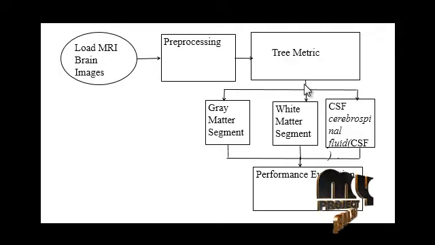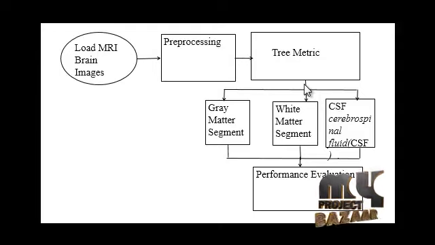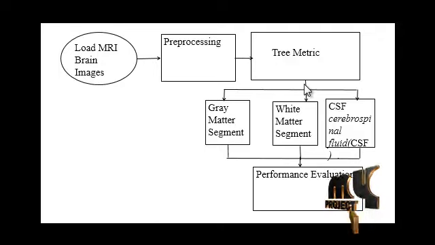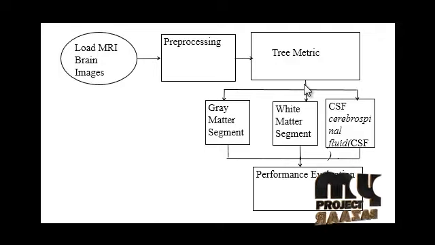The TM algorithm takes three things as input: a brain MRI image, a tree of labels, and a smoothness parameter lambda greater than or equal to 0. We generate a tree of labels with agglomerative clustering based on observed gray level intensity. We apply the TM algorithm to the brain MRI image and the tree of labels, which returns a globally optimal labeling of the brain MRI with respect to the tree of labels.